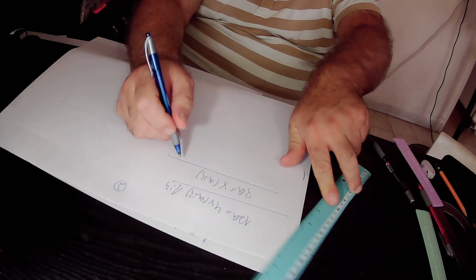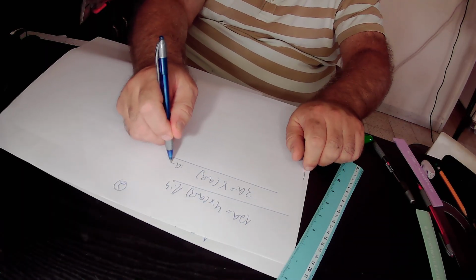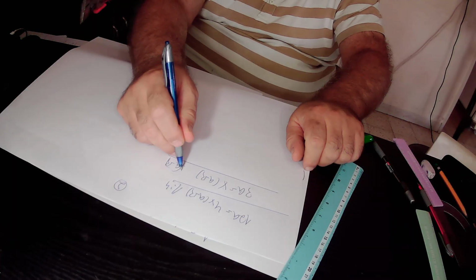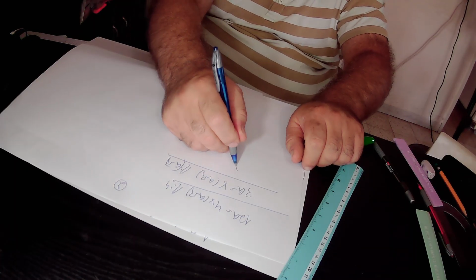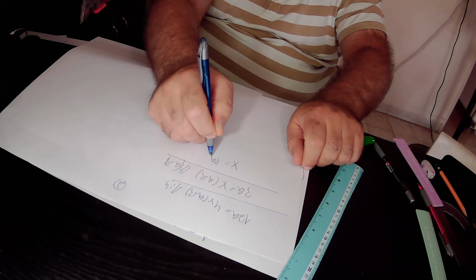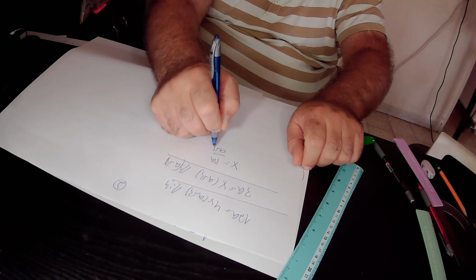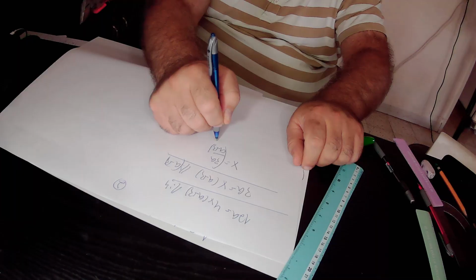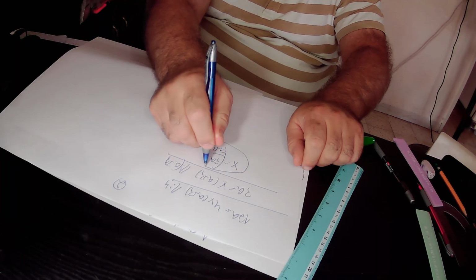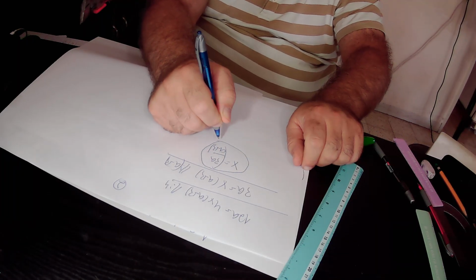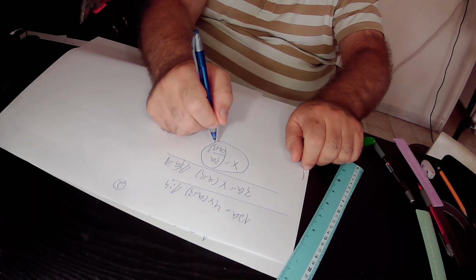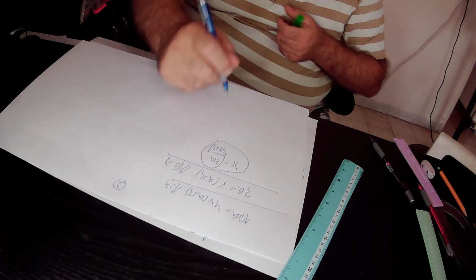Here we will divide this equation by (a plus 3). And finally we get that x equals 3a over (a plus 3). And again, we found that x, that is the radius of the circle, is equal to 3a over (a plus 3) units in its length.